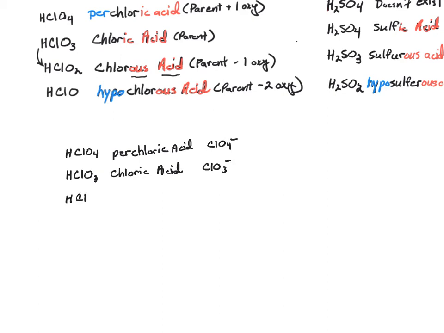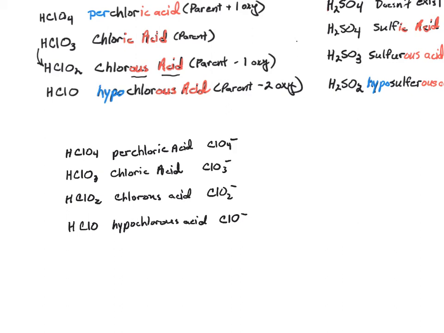HClO2 was chlorous acid, which would be ClO2 minus, and HClO was hypochlorous acid, and its anion would be ClO minus.